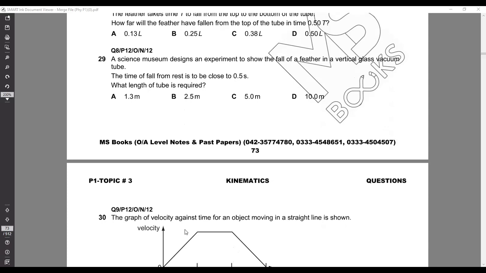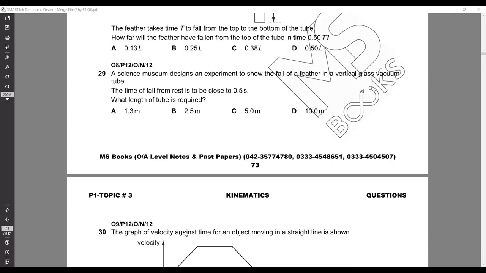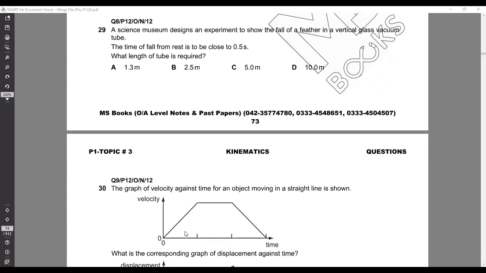Okay. Although it's similar to the above one, it has nothing to do with the above. Okay. Question 29. It just says that a tube has a length. So drop from the top of the tube, in a vacuum tube, it drops to the bottom in that much time. Find the length of that tube.